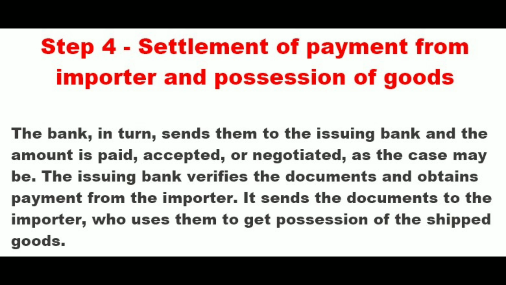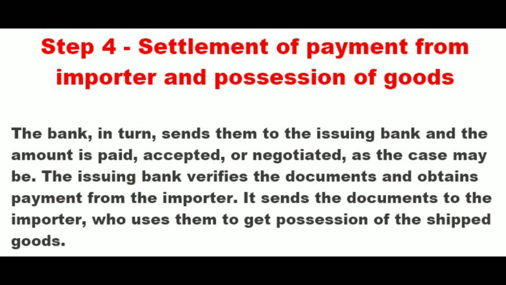It sends the documents to the importer who uses them to get possession of the shipped goods. As we know, the exporter has shipped the goods and obtained all the documents related to the shipment of the goods and submitted them to his bank.